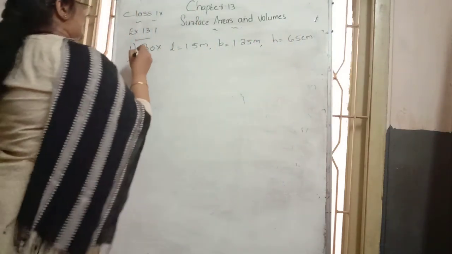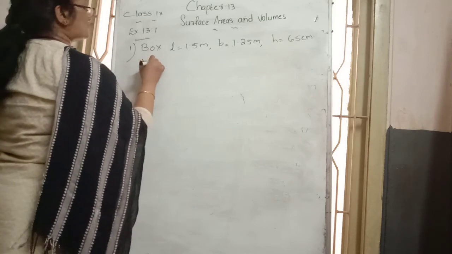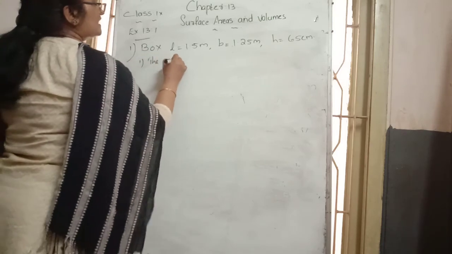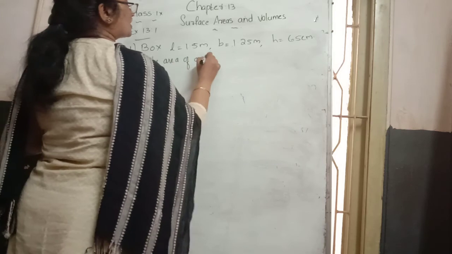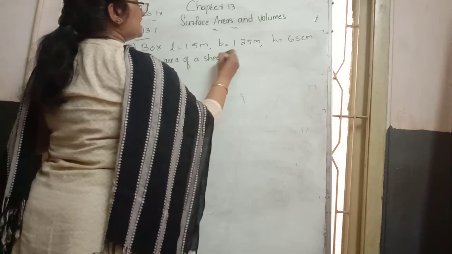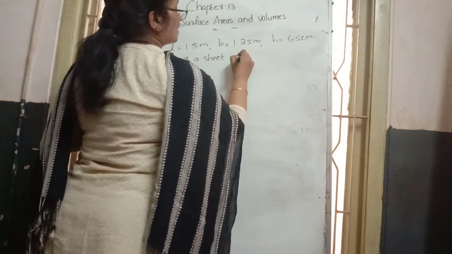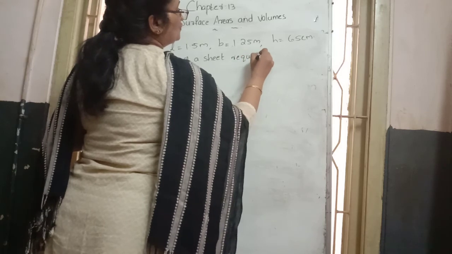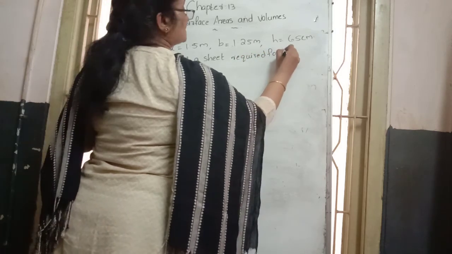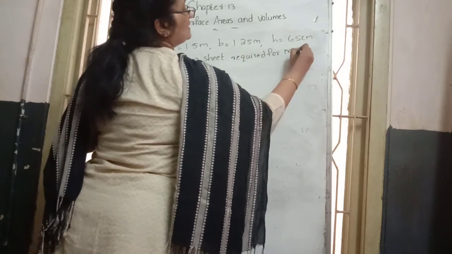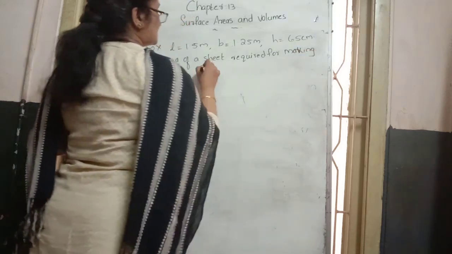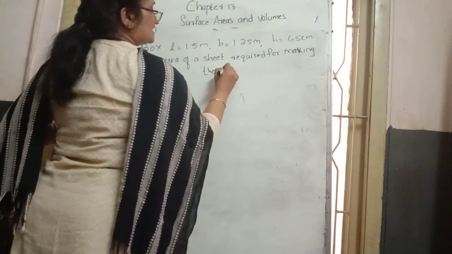In the first part they ask: find the area of the sheet required for making the box. That is the question.